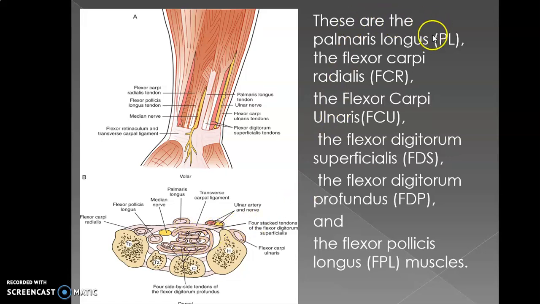So these are the six muscles we've been talking about: palmaris longus, flexor carpi radialis, flexor carpi ulnaris, flexor digitorum superficialis, flexor digitorum profundus, and flexor pollicis longus.